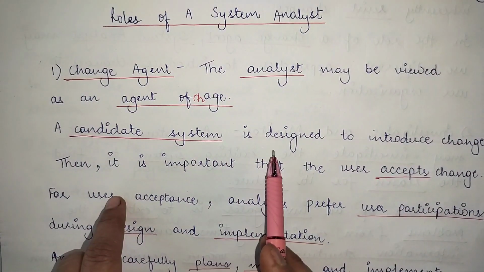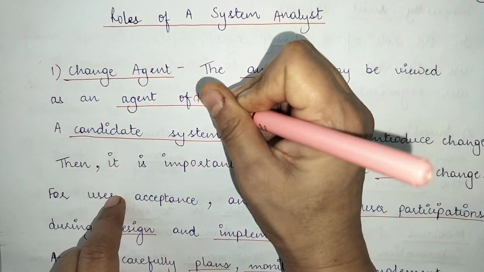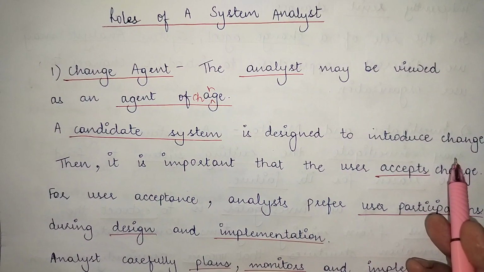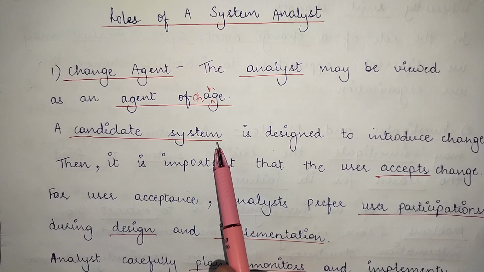A candidate system is designed to introduce changes. Whenever a new system is being designed, it is obviously going to bring some changes in the organization. The organization will not work the way it was working previously after the introduction of the candidate system.